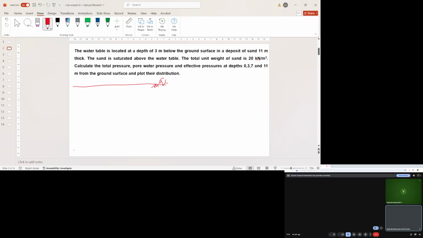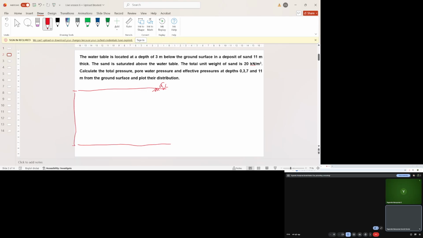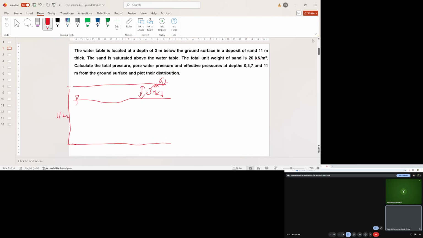Right. So now let this be the bottom. Now, the water table is located at a depth of 3 meters, and the sand is completely saturated, which is given.